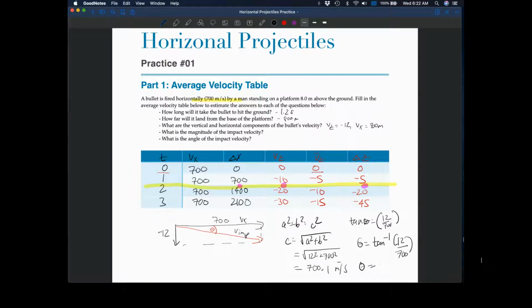So theta then is less than 1 degree, 0.98 degrees. So that makes perfect sense to us that it would be a very, very small angle as we expected. So that's how we would use the average velocity table to come by these values.